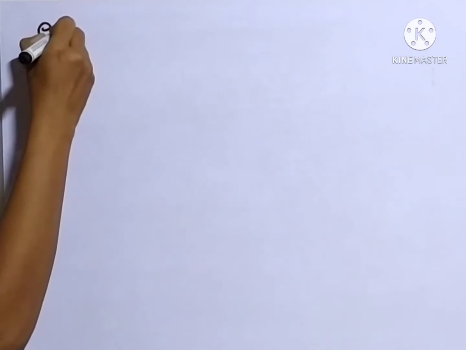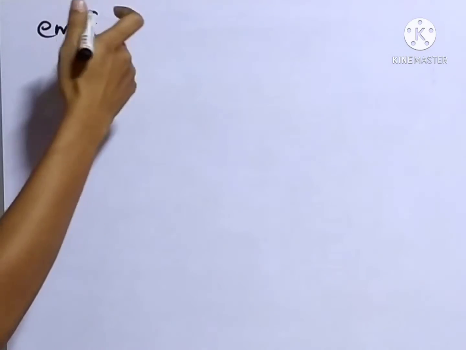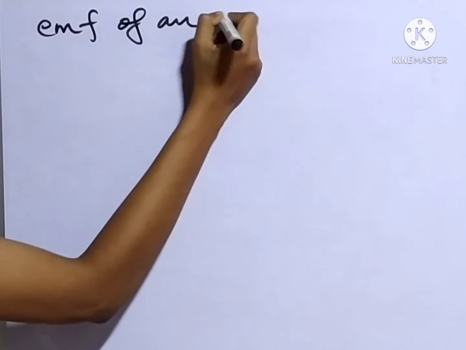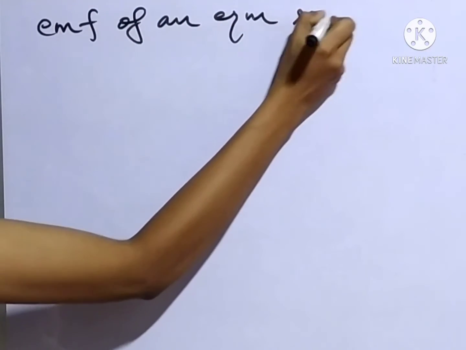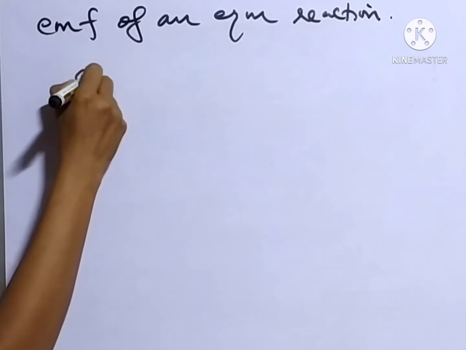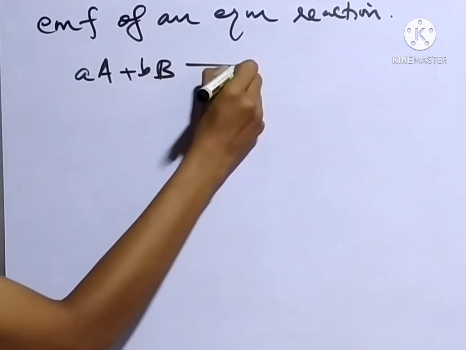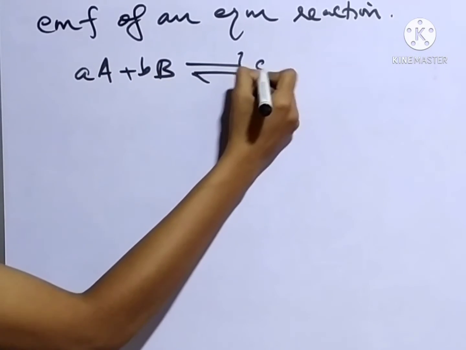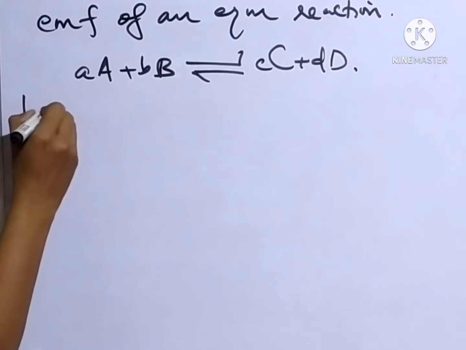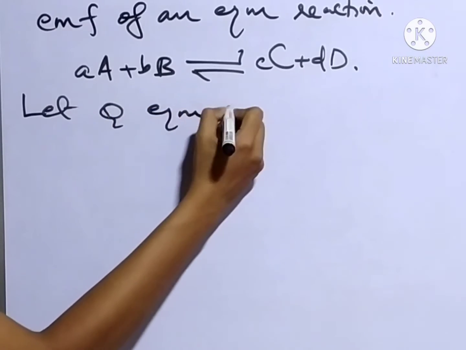Now let us calculate the EMF of an equilibrium reaction and its relation with the equilibrium constant. Consider a general equilibrium reaction aA plus bB reversibly gives cC plus dD. Let Q be the equilibrium quotient.